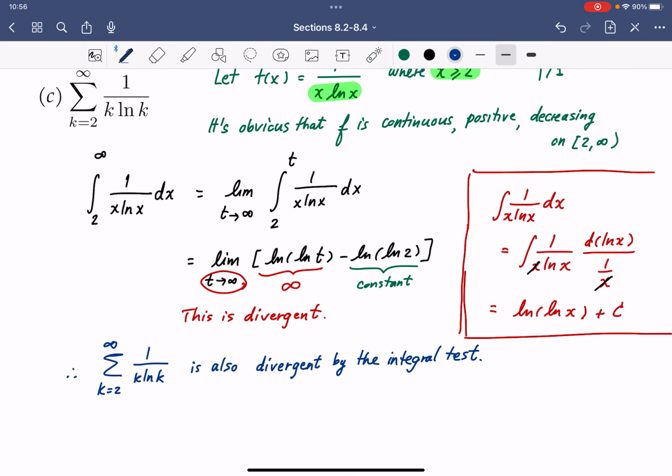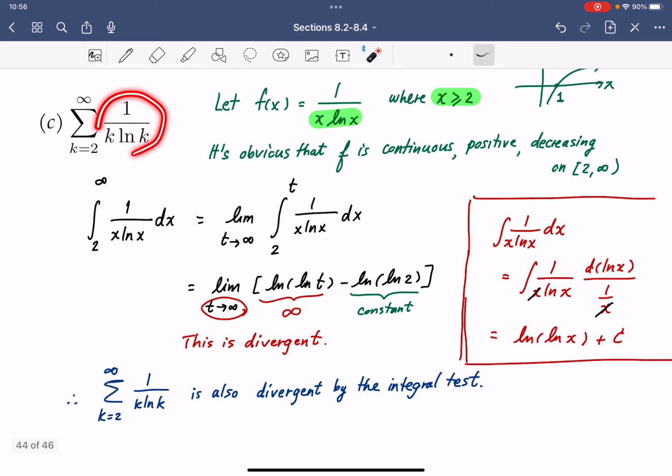All right, and that is the end of the example of the integral test. With the integral test, you're going to have one more tool to use, because the integral test can always apply with 1 over x to the p. This function is easy to integrate.